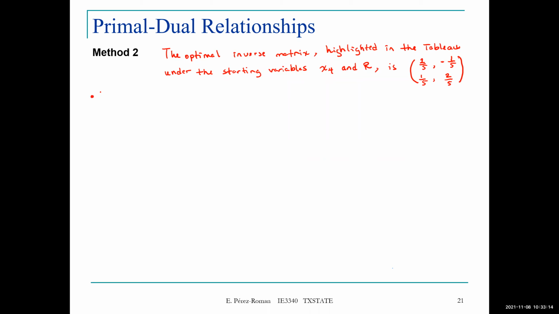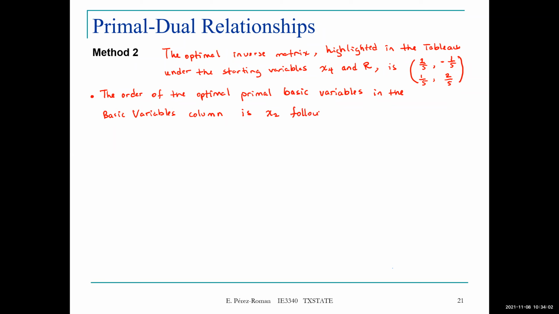The next thing is the order of the optimal primal basic variables in the basic variables column is x2 followed by x1.